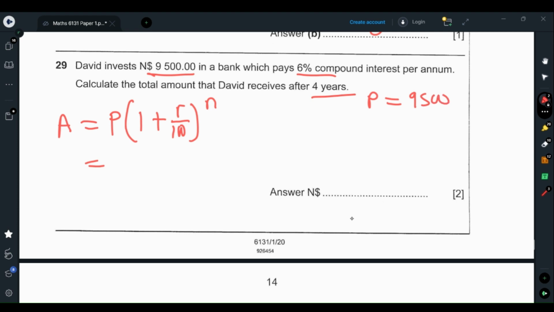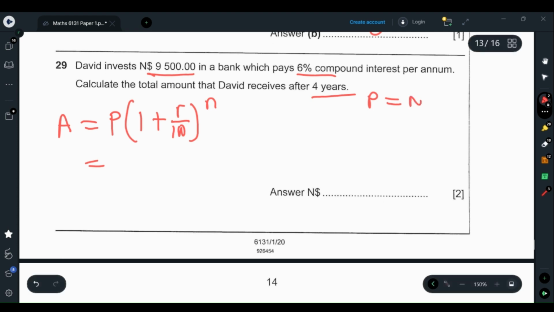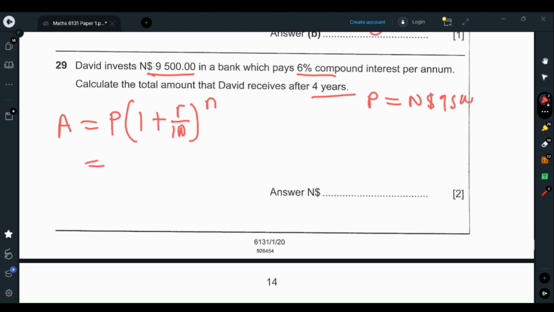So principal is 9,500 dollars. The rate 6%, number of years is 4.